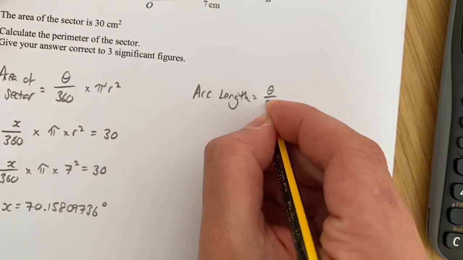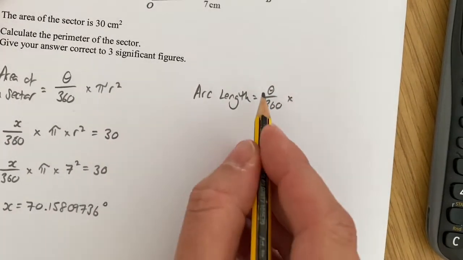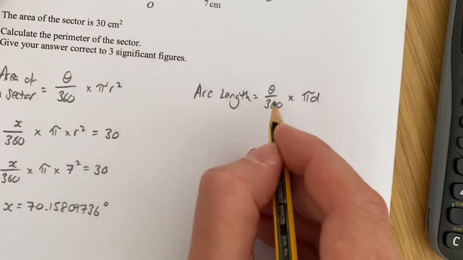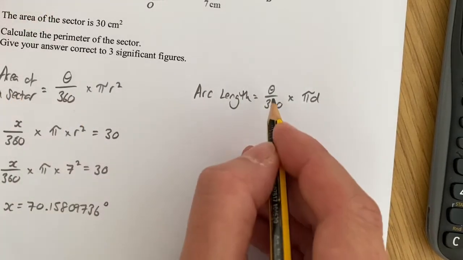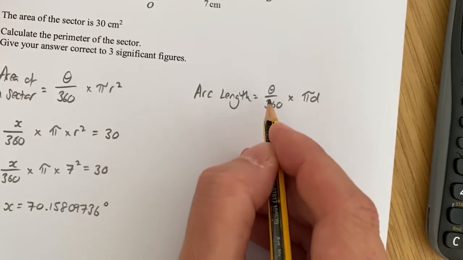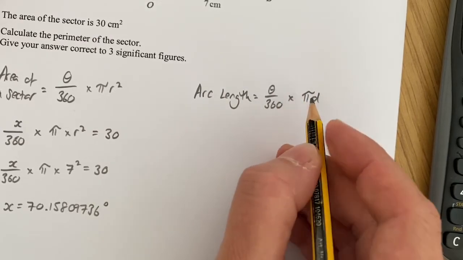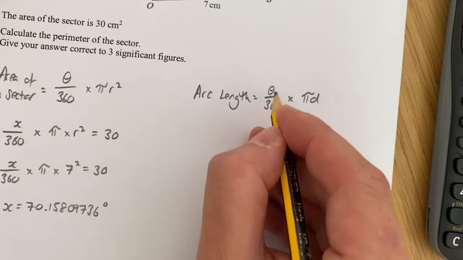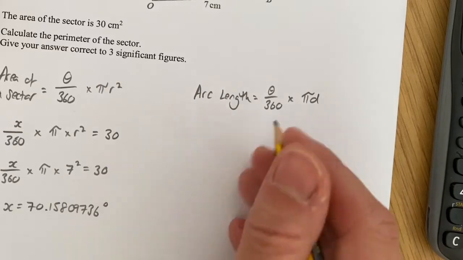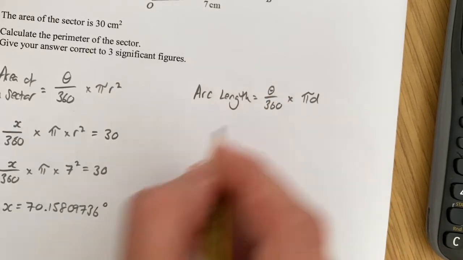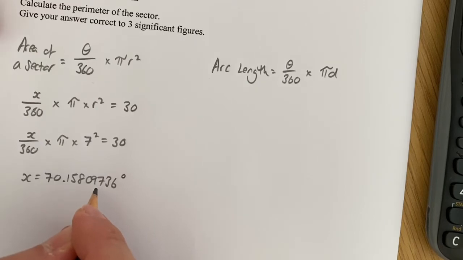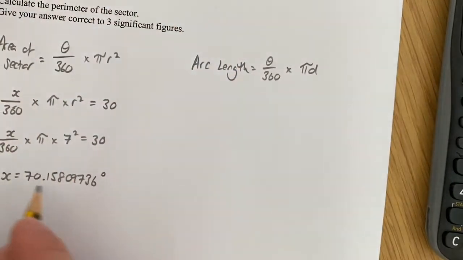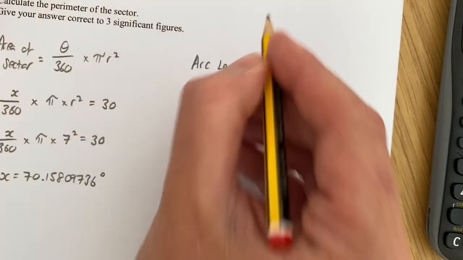The length of the arc is very similar. It would always be theta out of 360 multiplied by pi d. For the same reasons as the area, it's part of the whole circle multiplied by the circumference, because we want a part of the circumference. I've written theta there because that's the full formula, except we know that this angle is 70.158097336 degrees. So I can use this formula with my actual angle to work out the length of AB.